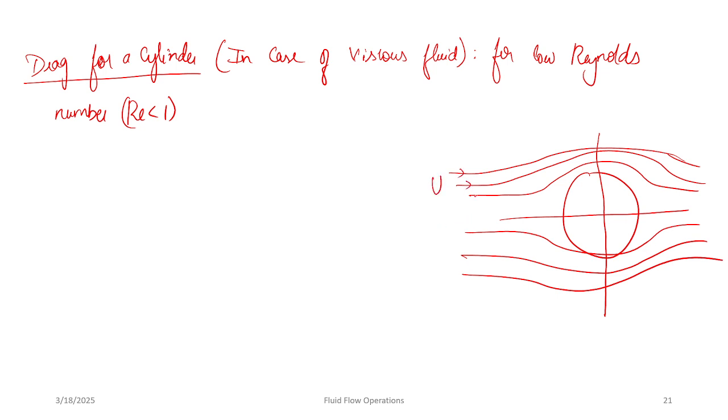U is the uniform velocity of the fluid stream, and this is the radius, making a theta angle. This is the pressure force, and this will be the V naught. So in case of a viscous fluid, behind the cylinder for a very low Reynolds number, that is Re less than 1.